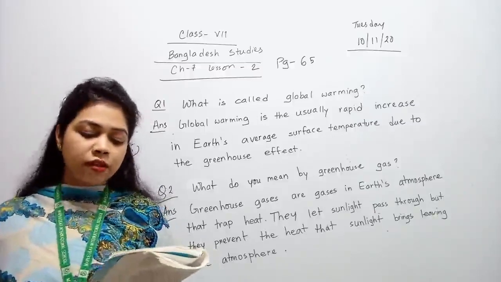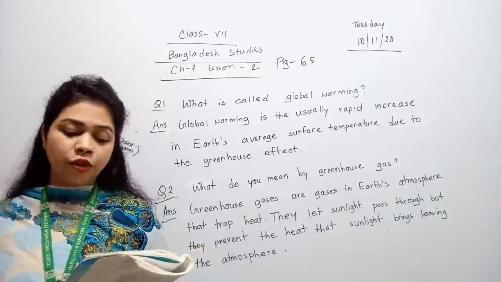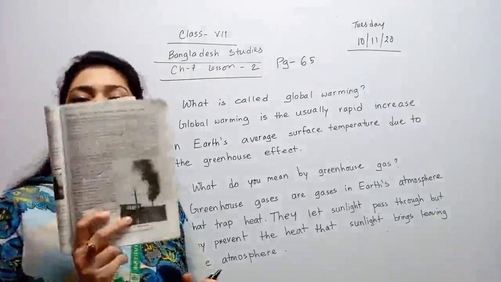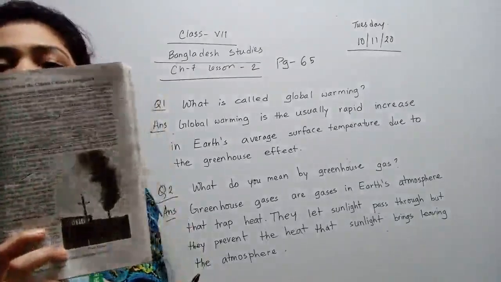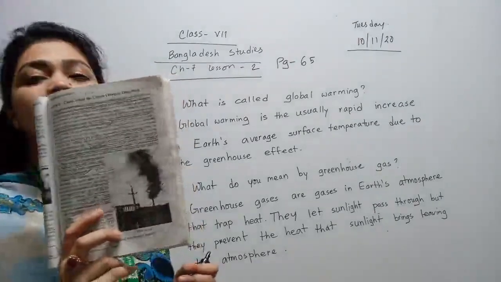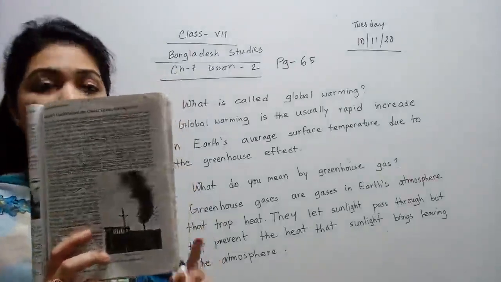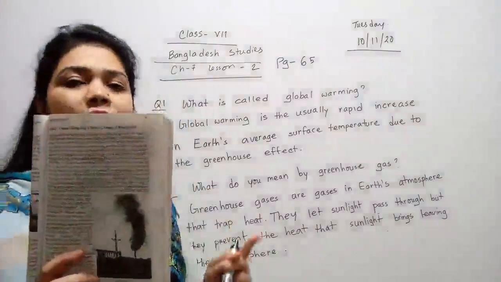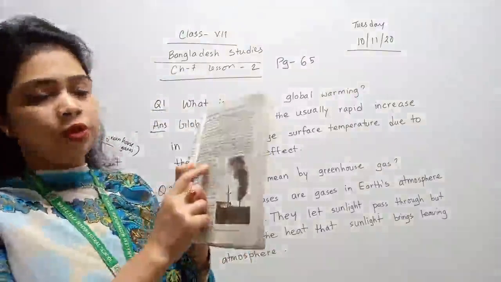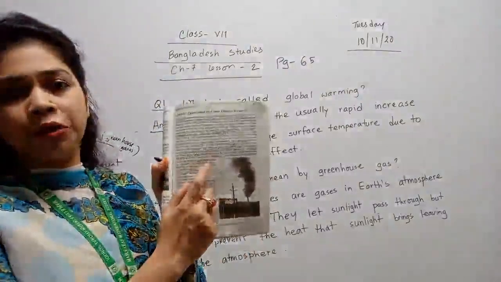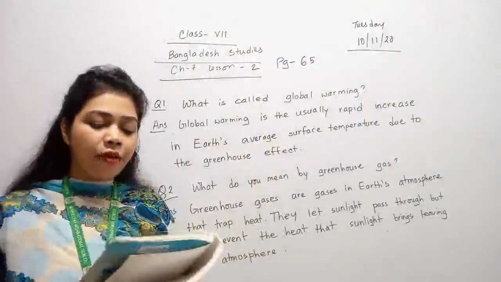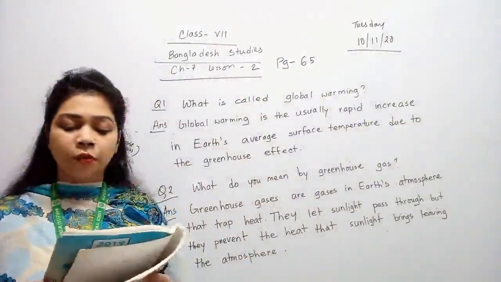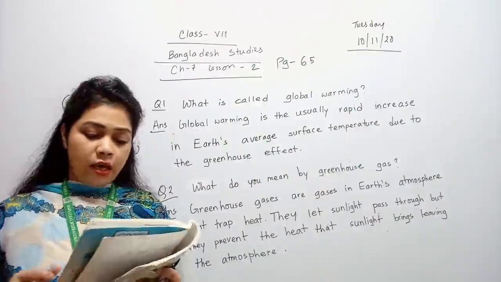Carbon dioxide constitutes the largest portion of greenhouse gas. I am reading this page, page number 65. I am reading the last portion from the last class. Carbon dioxide constitutes the largest portion of greenhouse gases.